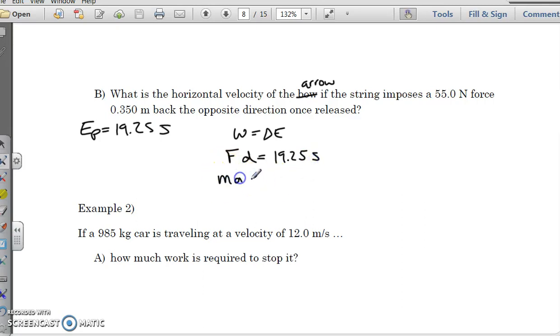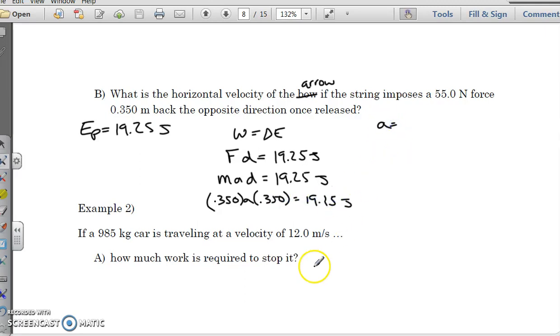This is going to be mass times acceleration, using Newton's second law, in order to get the acceleration of this object. We know the mass and we know the distance. So 0.0350 mass, acceleration, 0.350 meters, gets you the 19.25 joules.